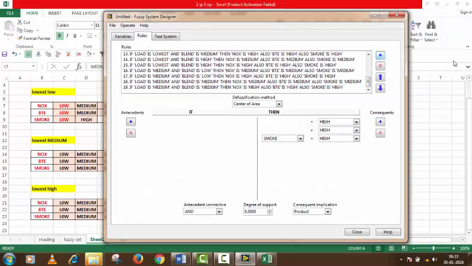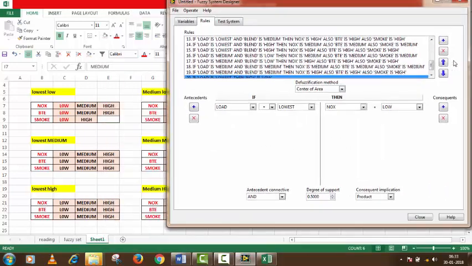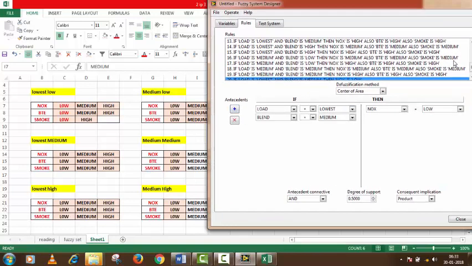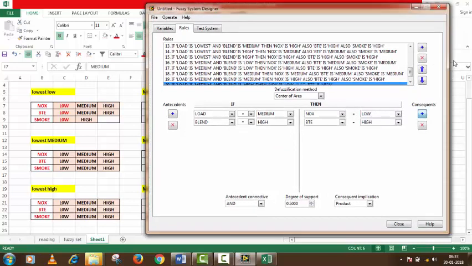Next, these two things are over. Coming to this combination, medium, medium, medium, medium, medium.